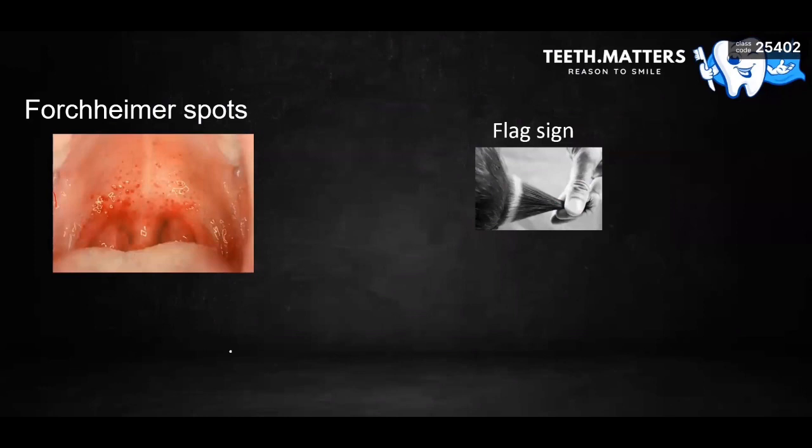Next sign is Forchheimer spot. Forchheimer spot is seen in rubella. There is a red macule or petechiae confined to the soft palate. Only in the soft palate, not at the hard palate. It is present in 20% of patients, with prodromal symptoms, that is, fever, present on the first day of exanthema.